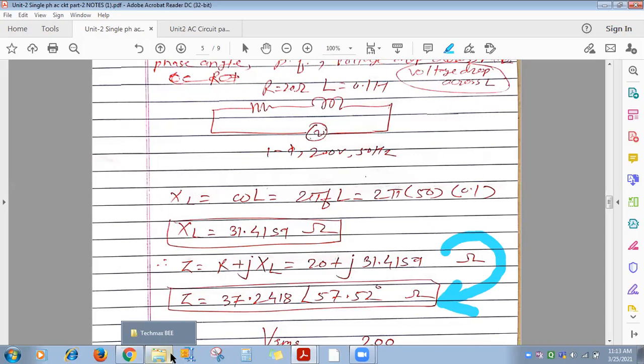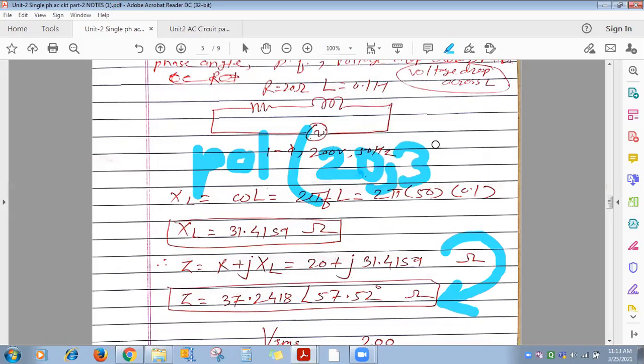We have seen it in the previous lecture. Say polar of 20, comma, 31.4159. Enter that, complete the bracket and press equals.